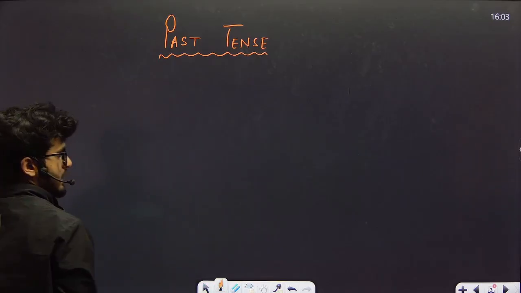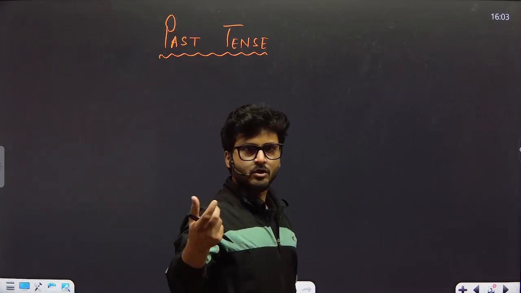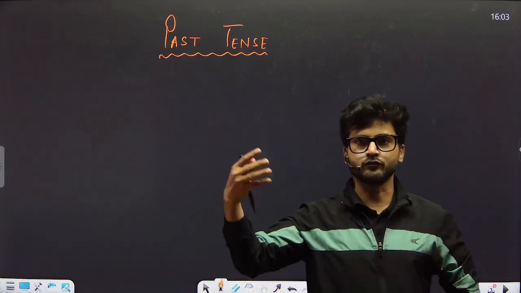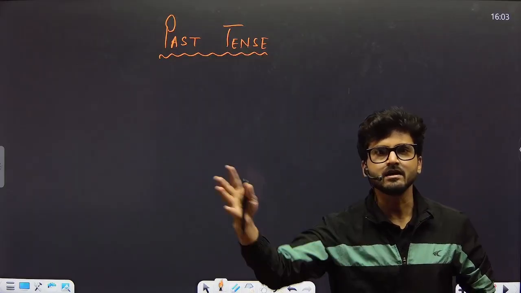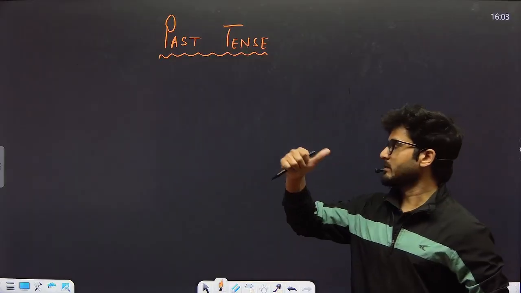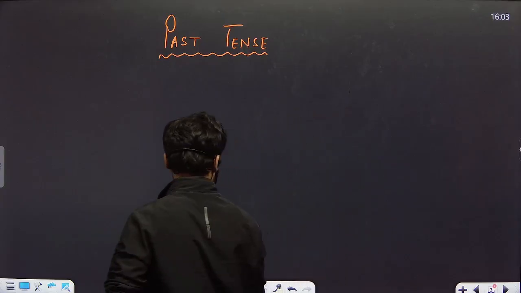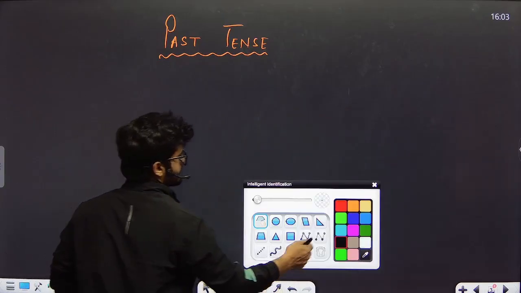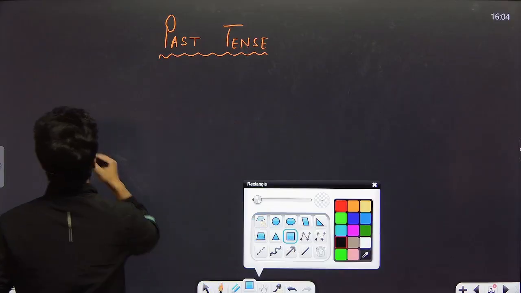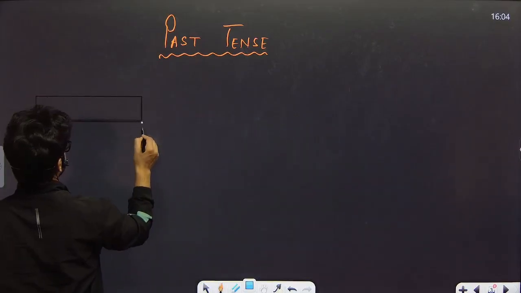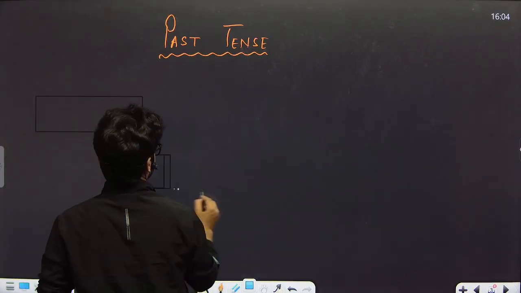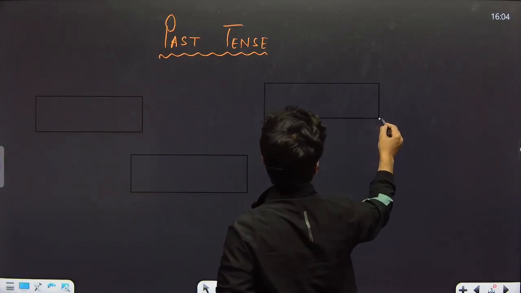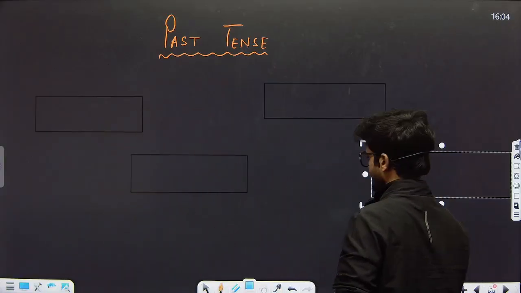There are 12 tenses, 4 each for the past, present, and future. Similarly, we will discuss here the case of past. Four cases we will be discussing. Hurry up, make it in your copy with me.